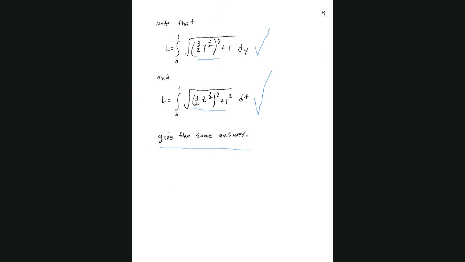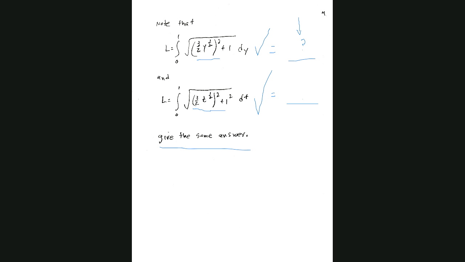All right, what'll happen, Felicity, is you have to again get your answer. We found the expressions for the arc length, but then WebAssign is going to want the final answer.